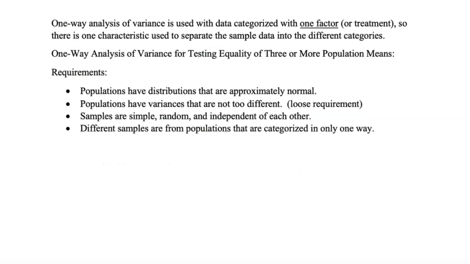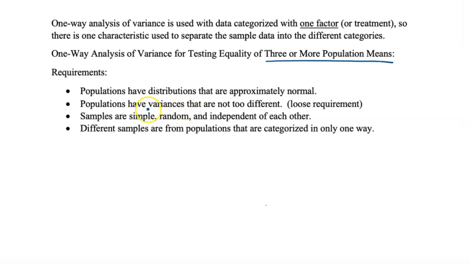To perform this type of experiment, again, we're testing the equality of 3 or more population means. We have the requirements that the populations have distributions that are approximately normal. This is a pretty standard requirement. We also have that the populations have variances that are not too different. Now, when we say not too different, this is a very loose requirement, but in general, we know that variance just means the average difference of each of the values from the mean.